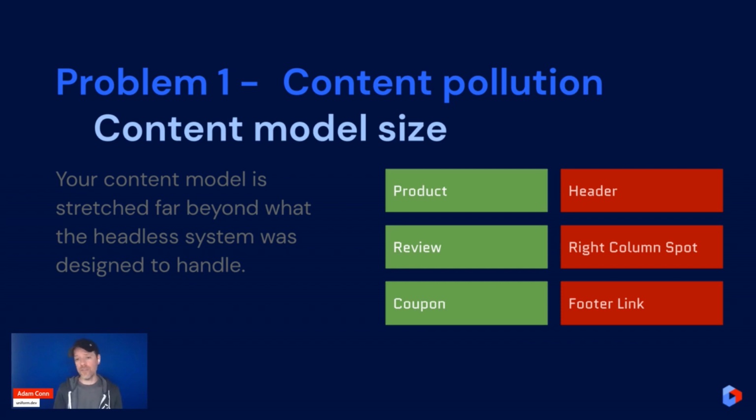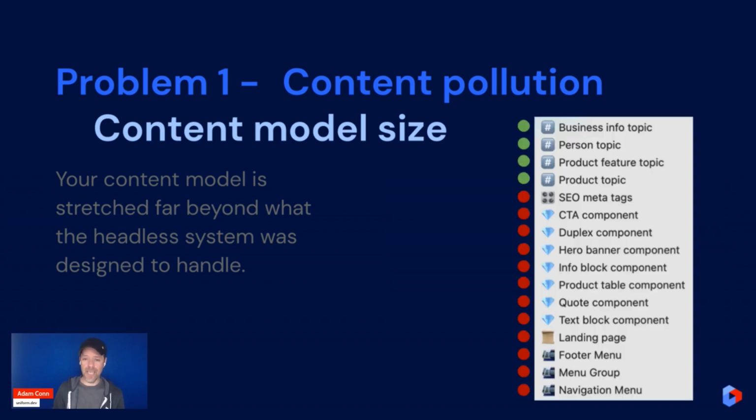So you start off with content types that represent your data model, and then you need to add more in order to handle the sorts of objects you need to build, say, a web page. Then you add content types that represent components. And a real world site can have a lot of different components. And with some systems, you have to pay for the number of content types you use. So that ends up having a direct consequence on not only the complexity of the system, but also on how much you're paying to use the service.